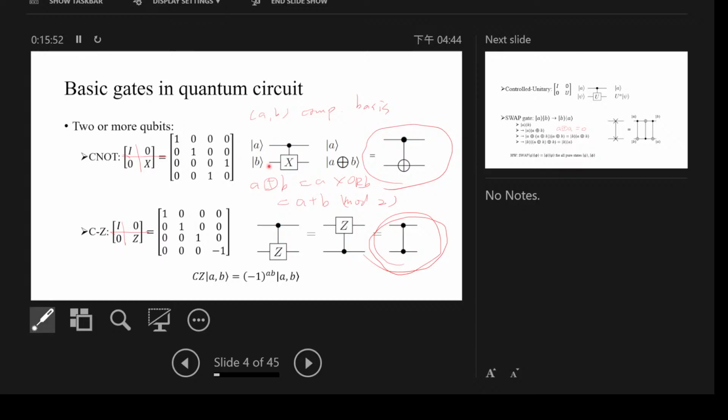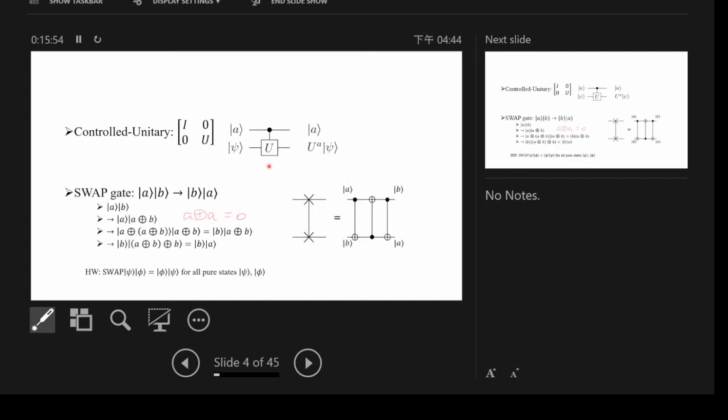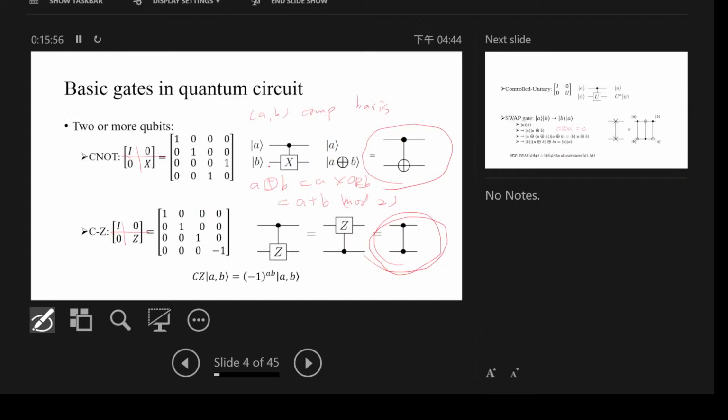Okay, so it's okay to do it here. We can think about what if we have the EPR pair as input. Let's say we have 0 0 plus 1 1, and let's be lazy and ignore the normalization. Sorry, I'm writing this in the wrong order.